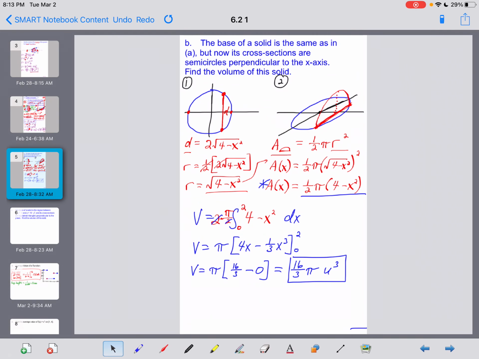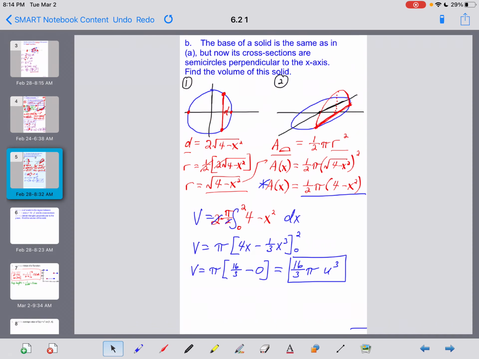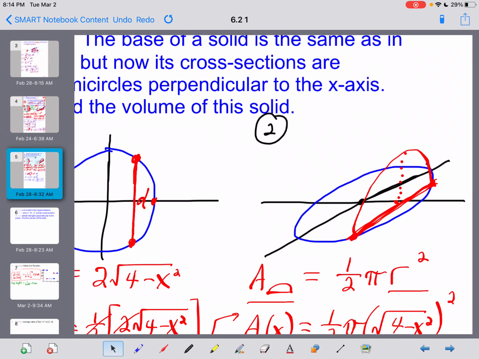Now, when we got done with part A a moment ago, I asked you guys, is there a geometric formula that we know that we could use to verify that result of 128/3? And unfortunately, the answer to that was no. But if I ask you the same question right here, if you think about what this three-dimensional solid might look like if you continued to draw semicircles sticking up in the air, we might start to get the sense for what's happening here.